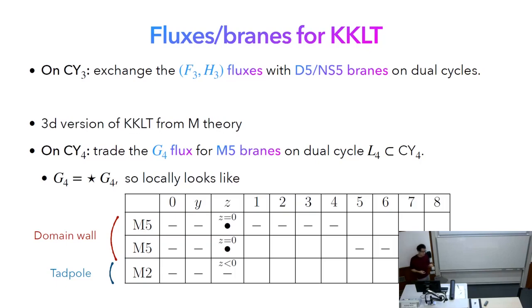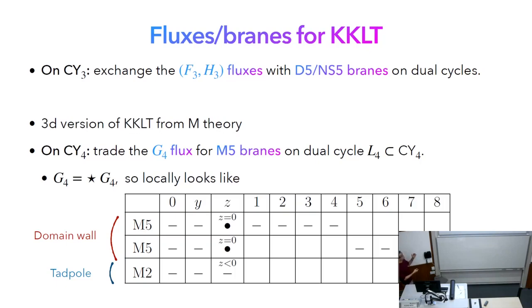Because you have a self-dual condition, it tells you that locally you should have such a system. The directions 1 to 8 label the Calabi-Yau fourfold. Locally you would see an M5 brane self-intersecting with itself at a special point z equals 0, and the M5 branes would have a common direction y.